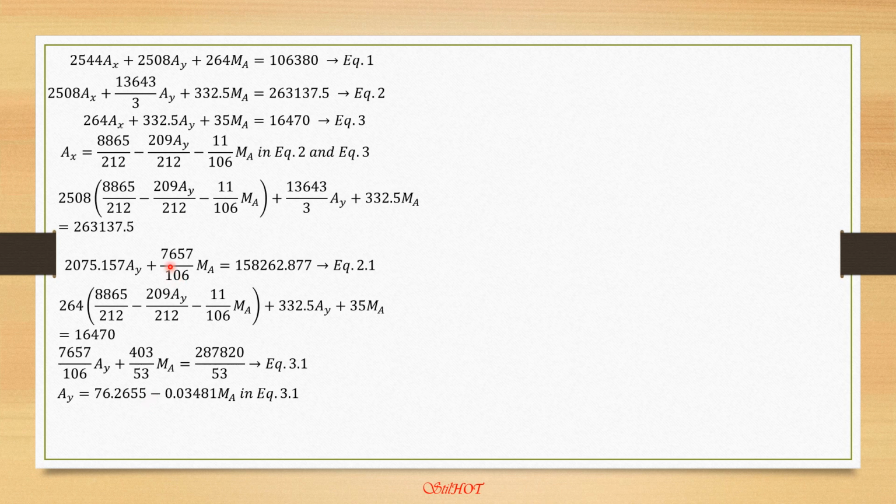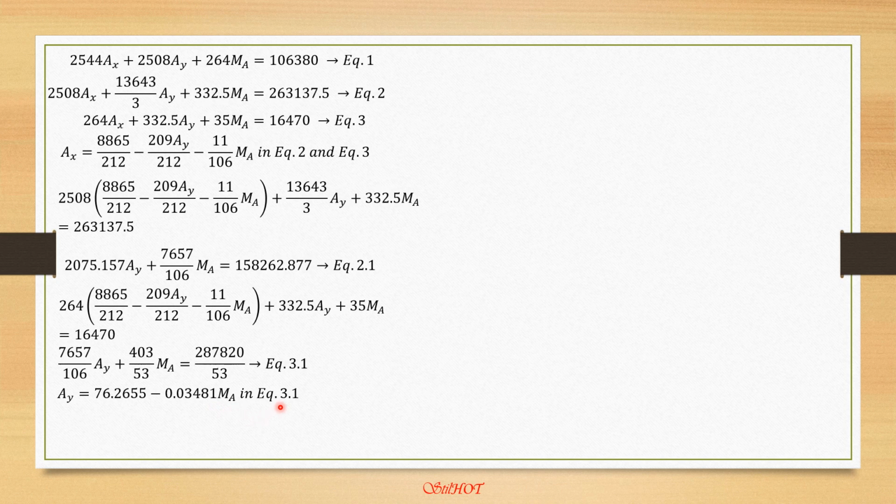Then this is moved to the right, so this becomes negative: negative 7657 over 106 MA divided by 2075.157, that would be negative 0.03481 MA.